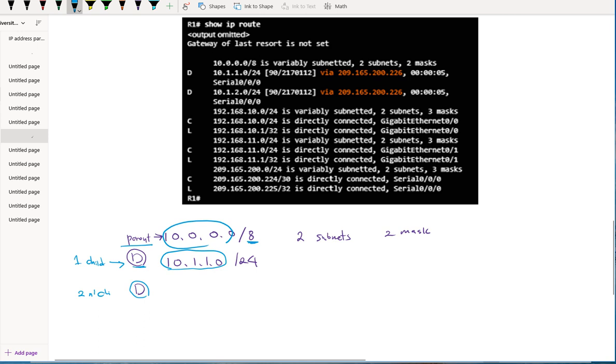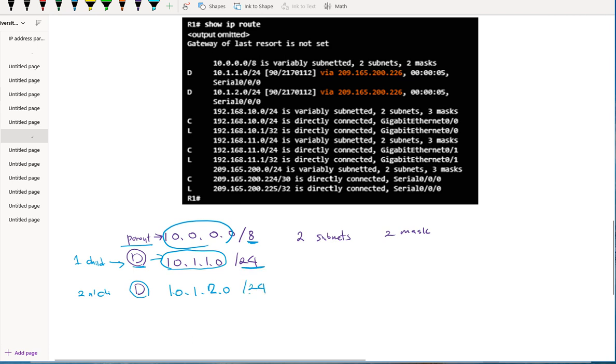At this point, it really does not matter which dynamic routing protocol it is, whether it's EIGRP or OSPF. We don't care at this point. Basically, through some kind of routing protocol, this router R1 learns that to get to this destination network, another one is 10.1.2.0/24.